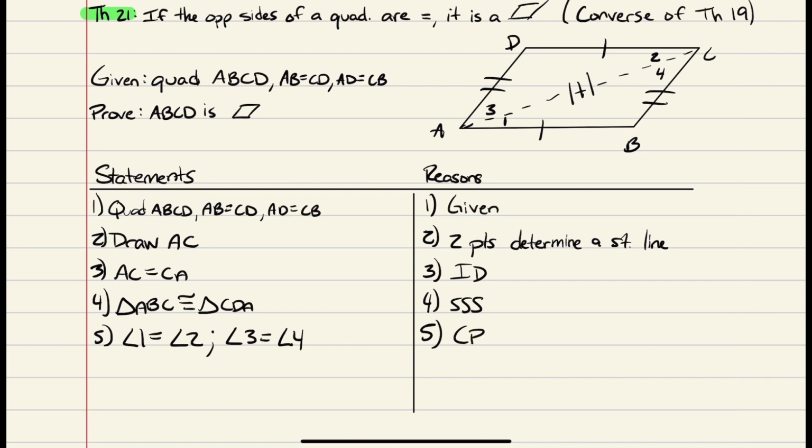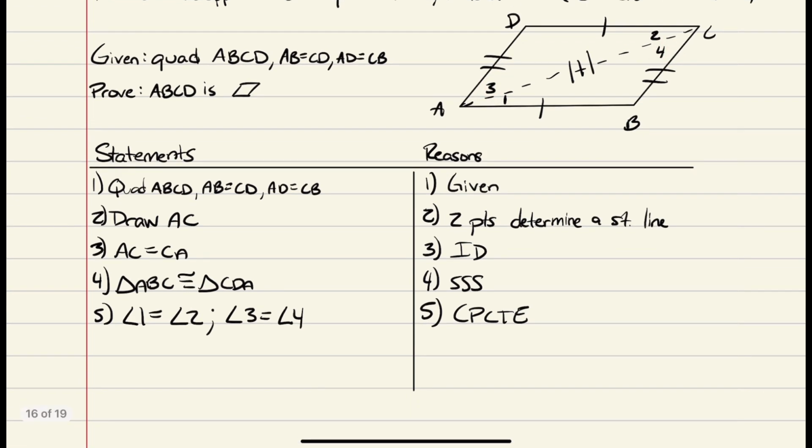I started getting ahead of myself, but we can't state that they're alternate interior angles of parallel lines because that's what we're really trying to prove. If these opposite sides are parallel to each other, then this is a parallelogram, and that's what we're about to say. But we can say that this is equal to that because they're corresponding parts of two different triangles that are congruent to each other. And the same thing about these two angles. Oh man, I'm sorry. All right, number 6.